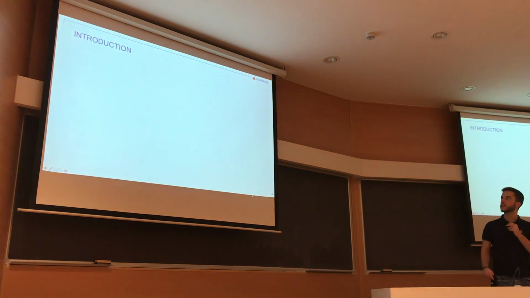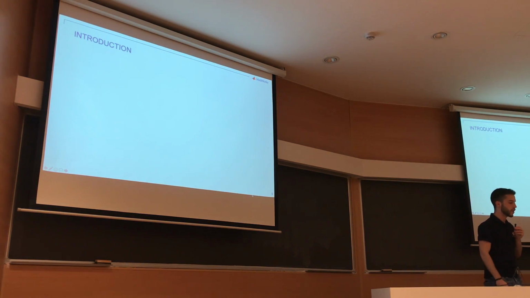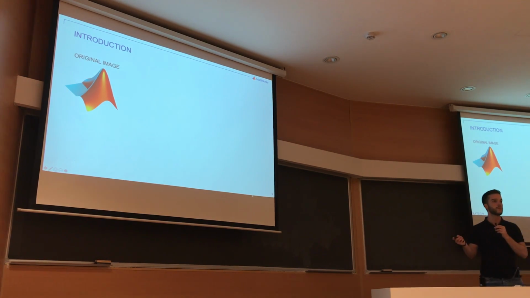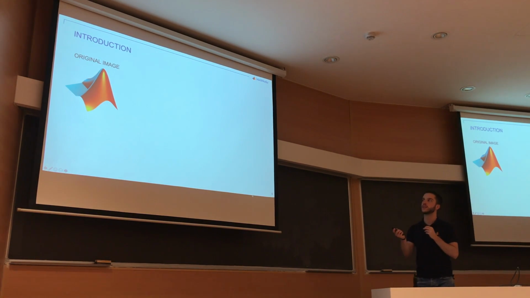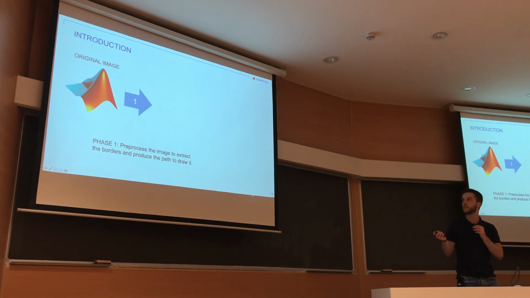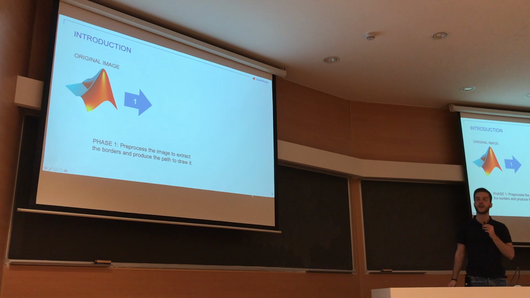So let's start with a little bit of an introduction. What we want to do is take an image, whatever you want. In this case, the MATLAB logo. The first phase is to pre-process the image to extract the border. So before we start drawing, we need to pre-process the image and extract the border that composes our image to simplify the task.